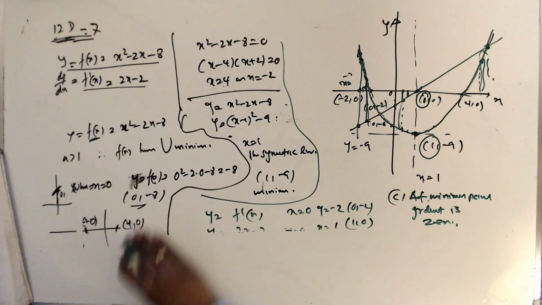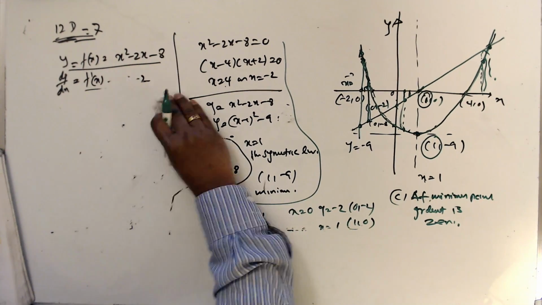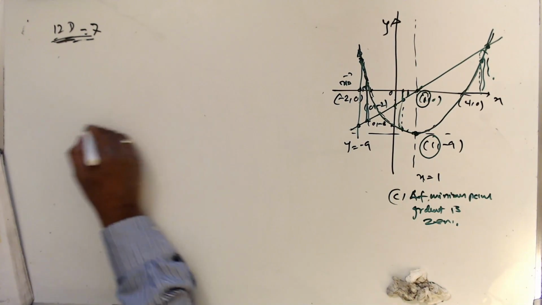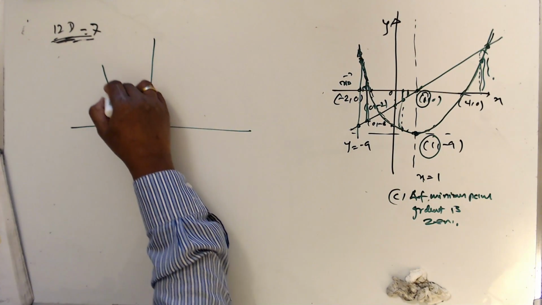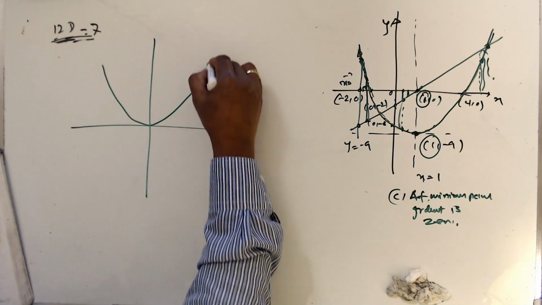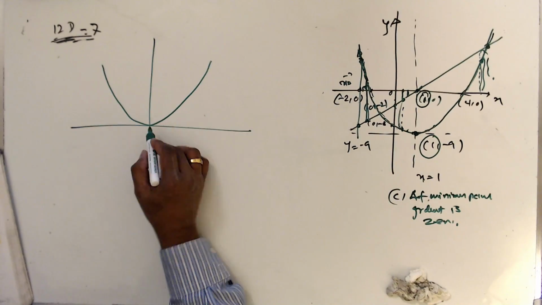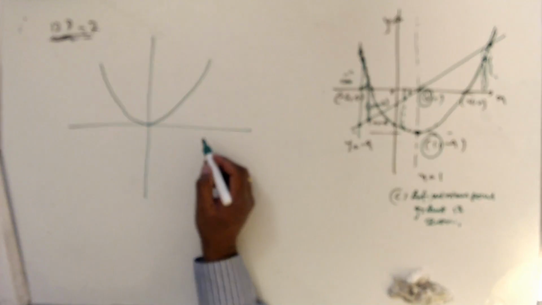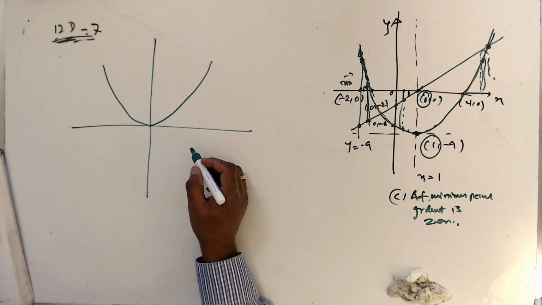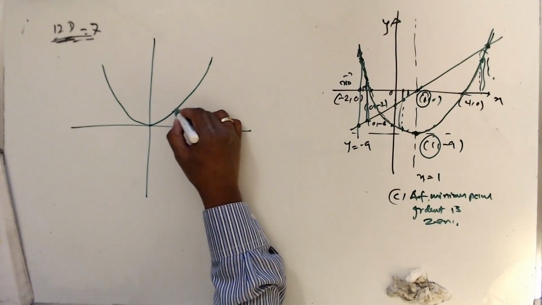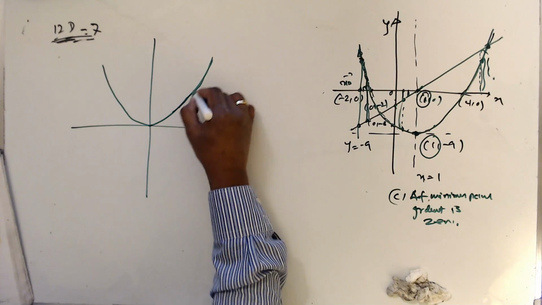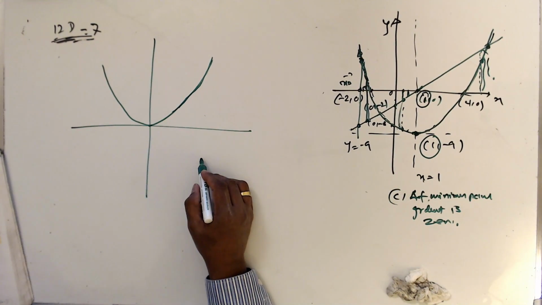Let me ask another question. I draw a curve like this. Now I ask you to find the gradient of this curve and draw the gradient curve. So how do you do the gradient curve?